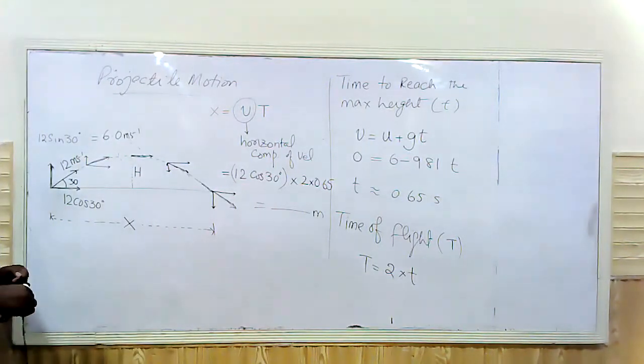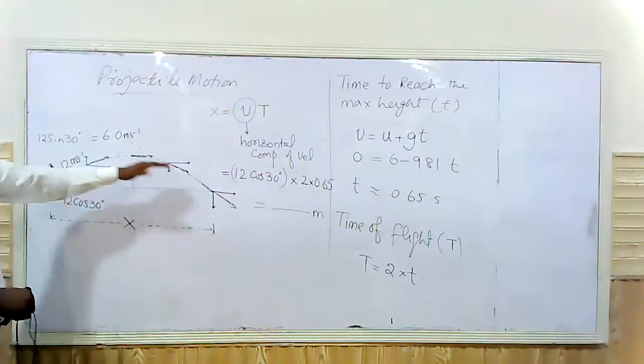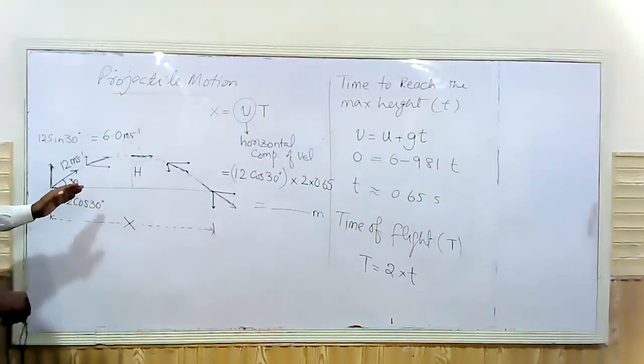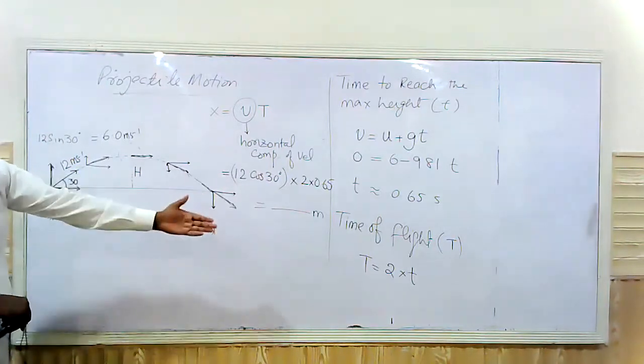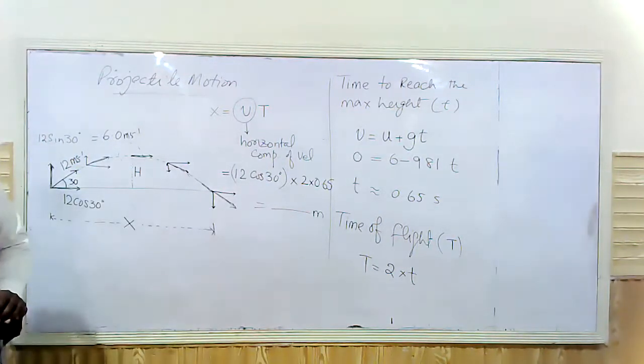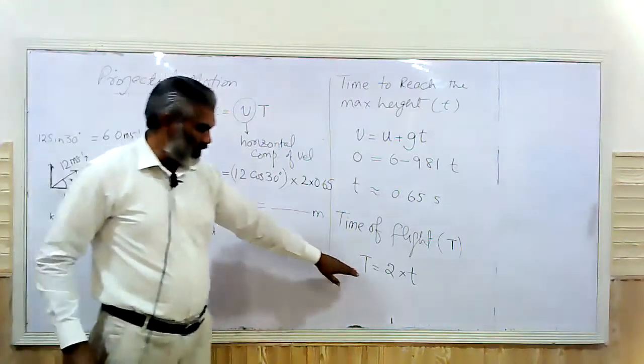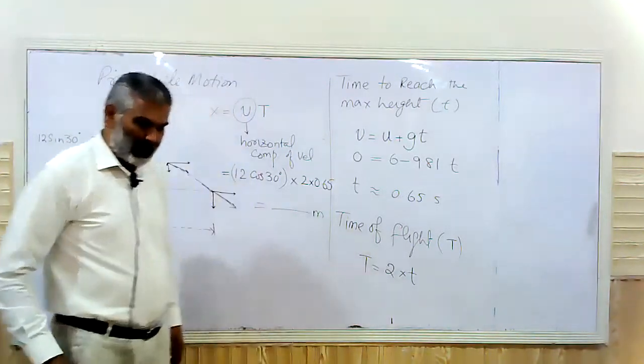Sometimes they ask us to calculate the velocity during the flight. Let's say I know the total time it has taken is 1.2 seconds approximately. If I simplify this number, it gives us 1.2 seconds approximately.